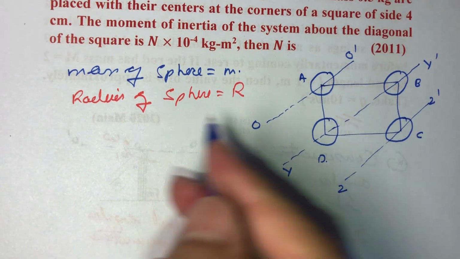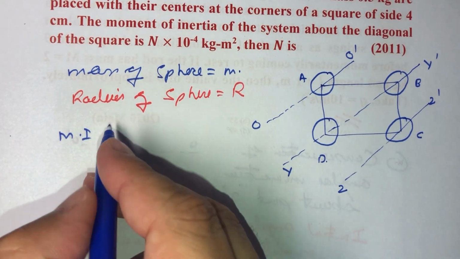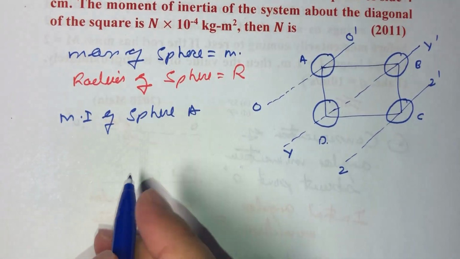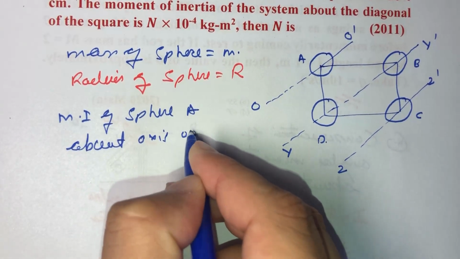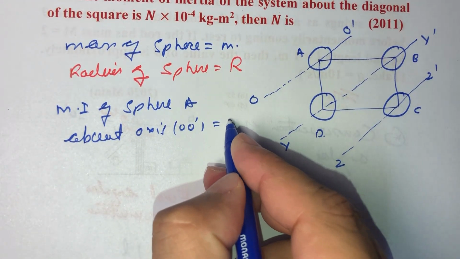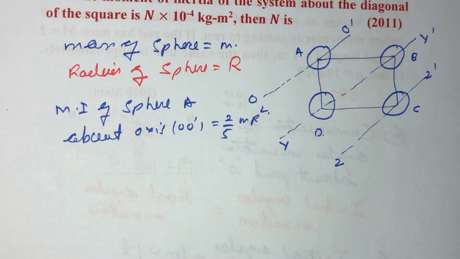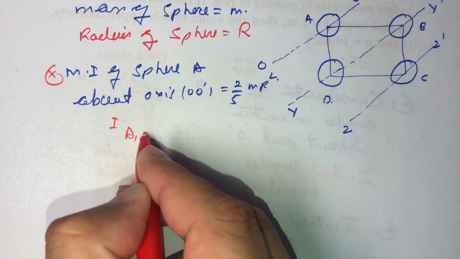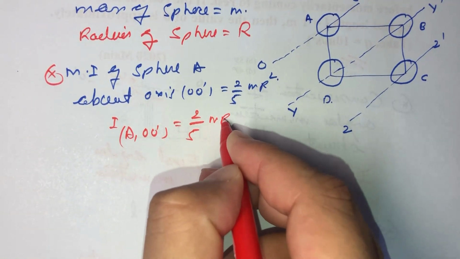So we can say the moment of inertia of sphere A about axis OO prime will be given as 2 by 5 mr square. So we can write this as moment of inertia of A about axis OO prime is equal to 2 by 5 mr square.